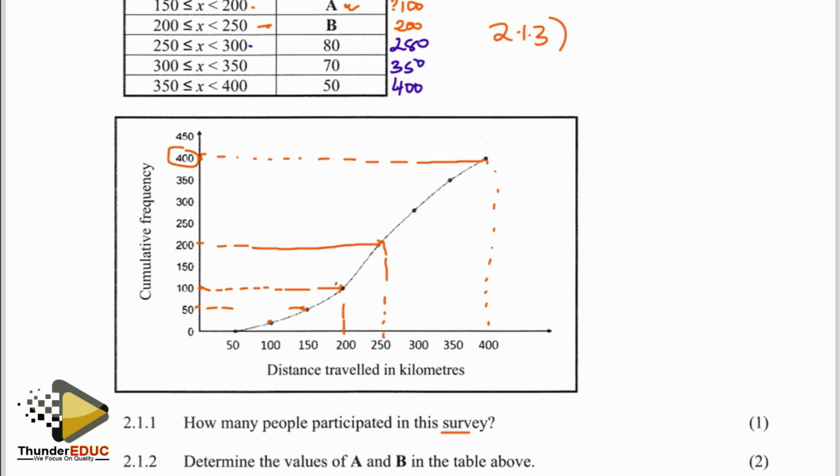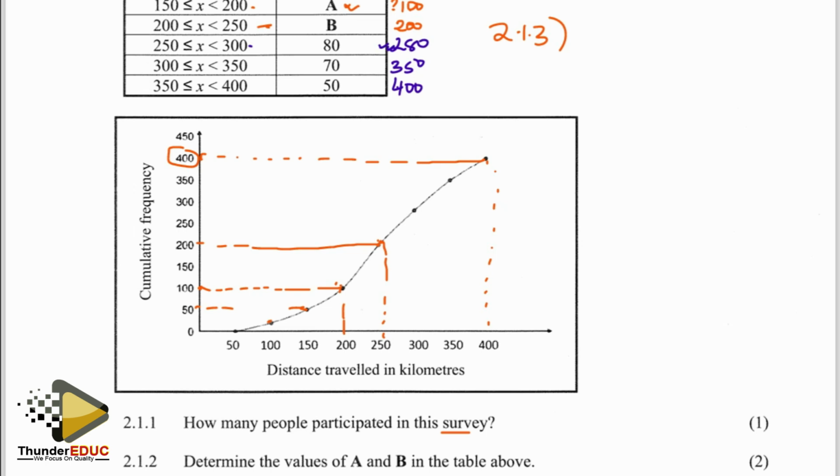So when they talk about 100 kilometers and 300, we're starting from here. They said up to 300, somewhere there, the interval in between.